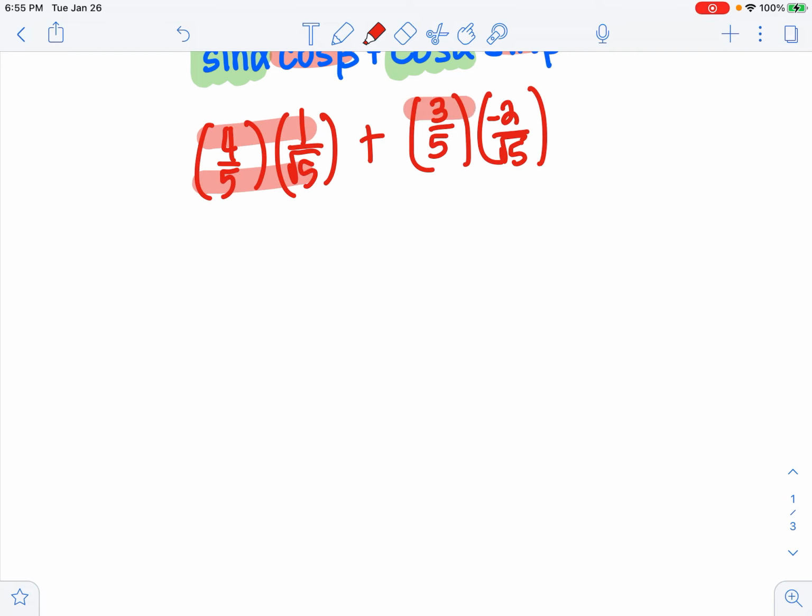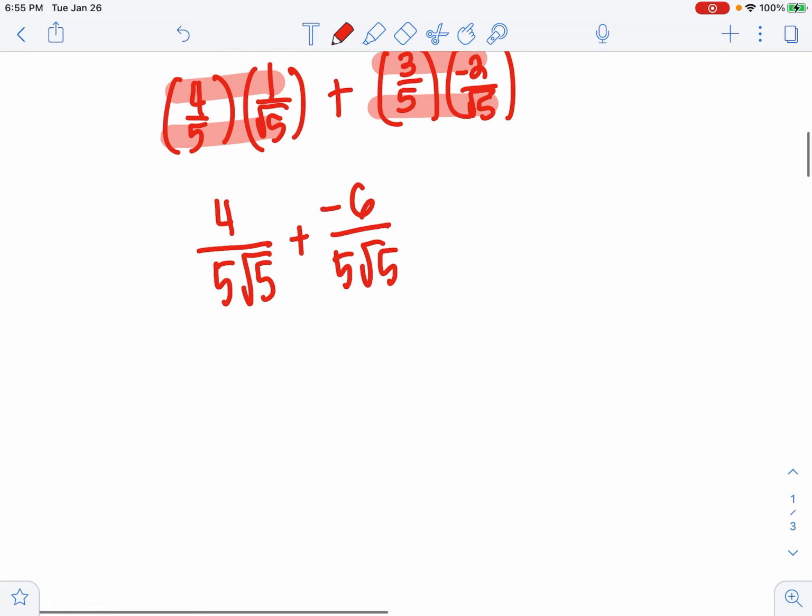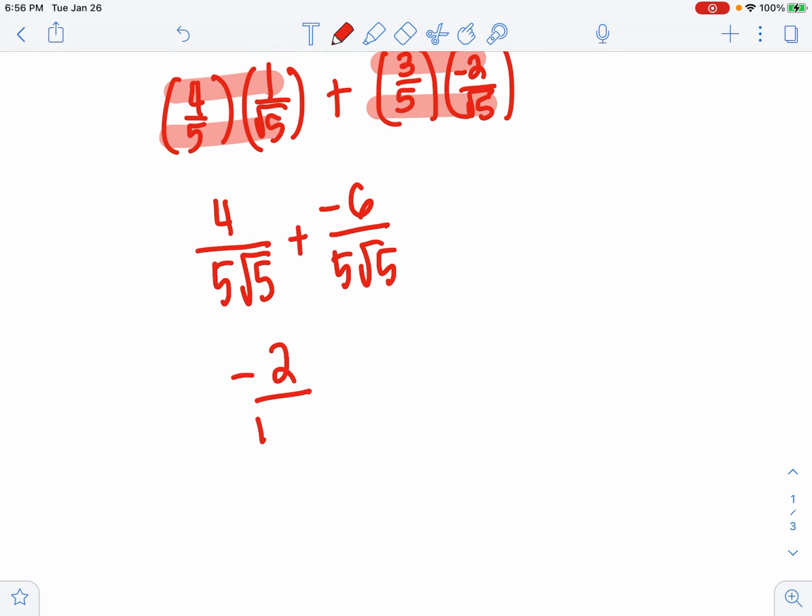Now we just have to simplify this. Multiply your numerators, multiply your denominators, multiply your numerators, multiply your denominators. So we have 4 over 5 root 5 plus negative 6 over 5 root 5. We already have a common denominator, so that's negative 2 over 5 root 5.